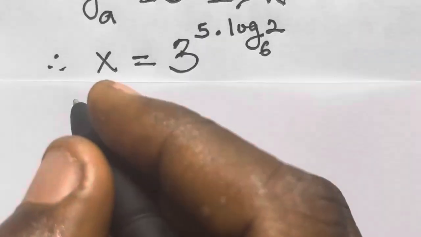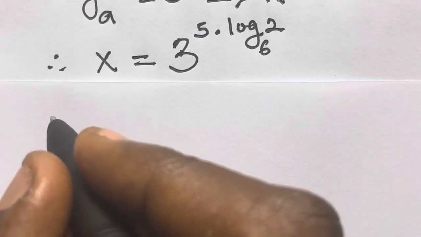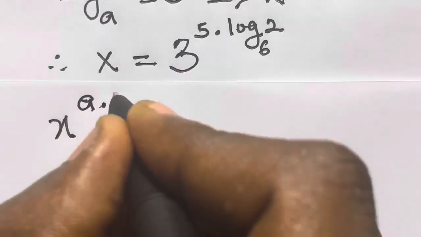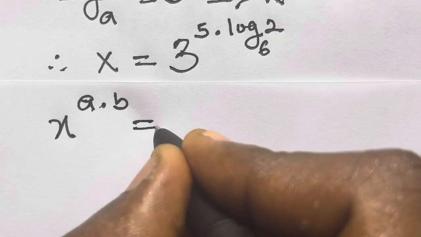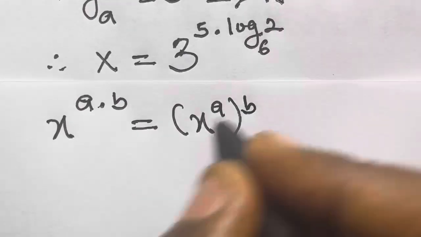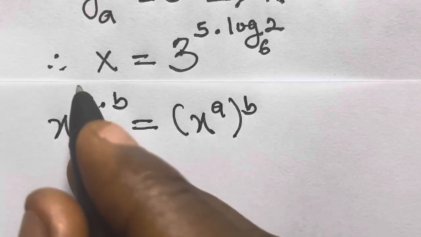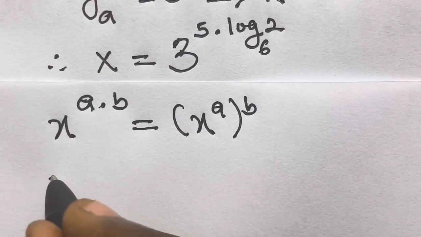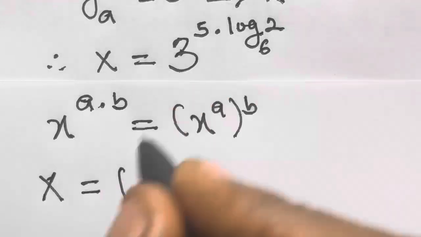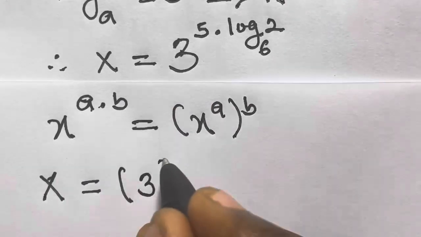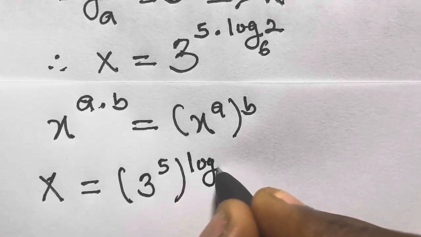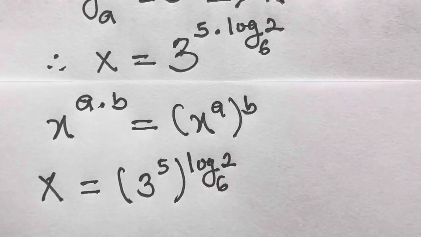From our law of indices, when we have x raised to power a times b, this is equal to x raised to power a, then raised to power b. So from here, x equals 3 raised to power 5, then raised to power log 2 in base 6.